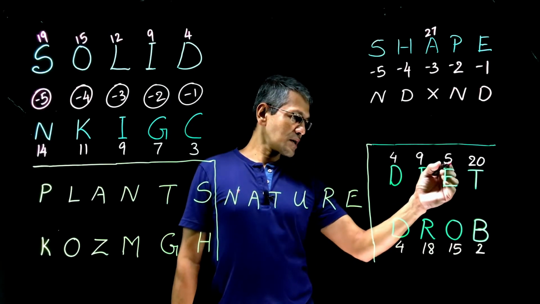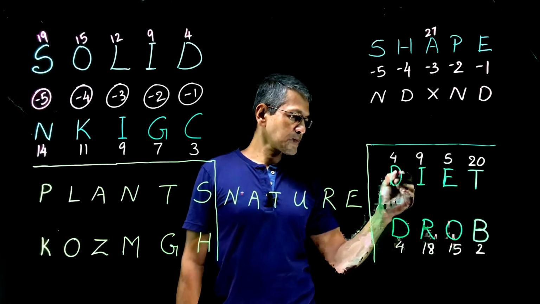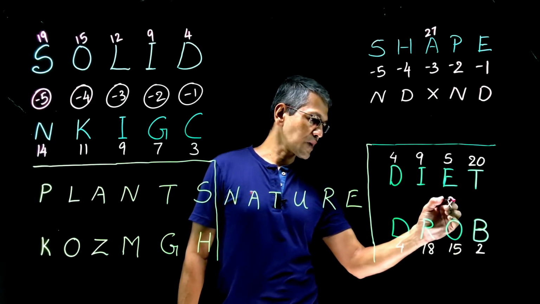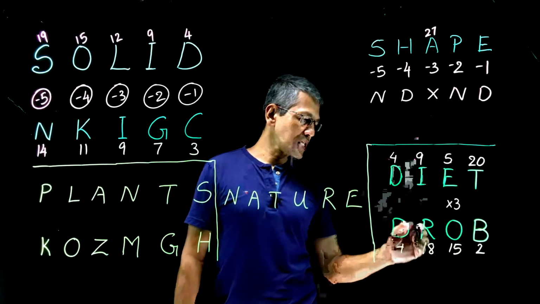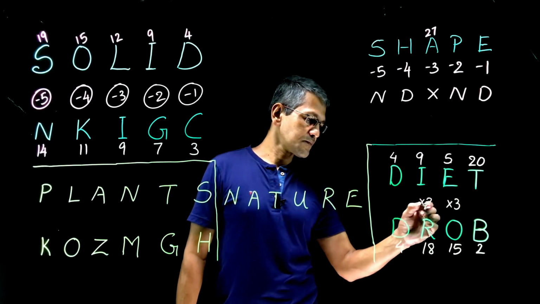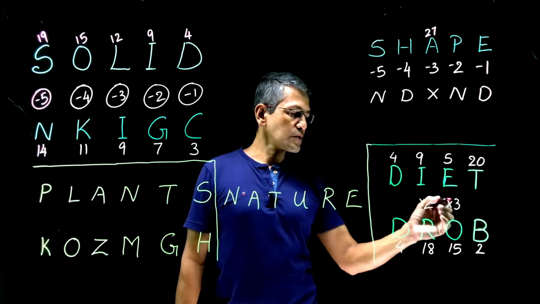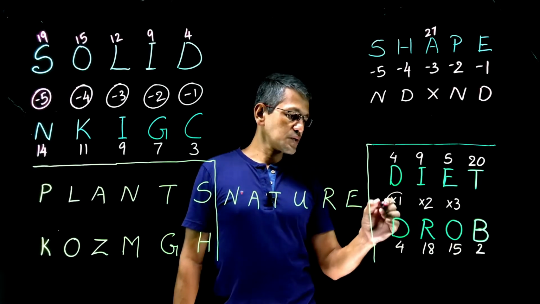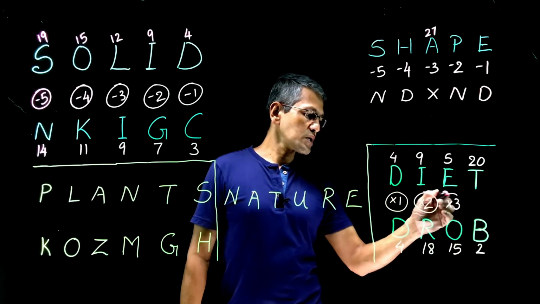Well, what I see here is 5 and 15, 9 and 18. 5 to 15 is 3 times, 5 into 3. In the same way, 9 and 18 is 2 times. So into 2, into 3. In this case, the first could be into 1. So into 1, into 2, into 3.